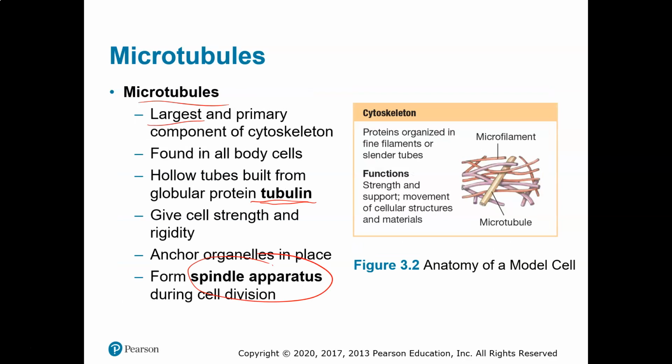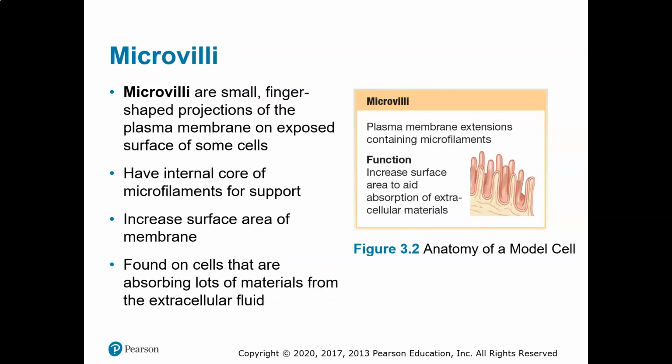Oftentimes when I'm teaching biology, I refer to the microtubules as spindle fibers during cell division. Microvilli are areas of the plasma membrane that are finger-shaped. They're foldings of the plasma membrane.